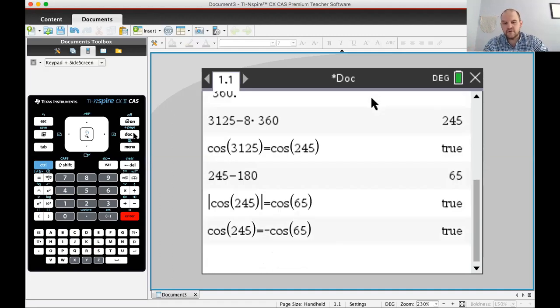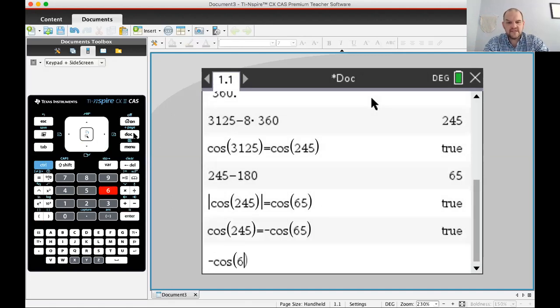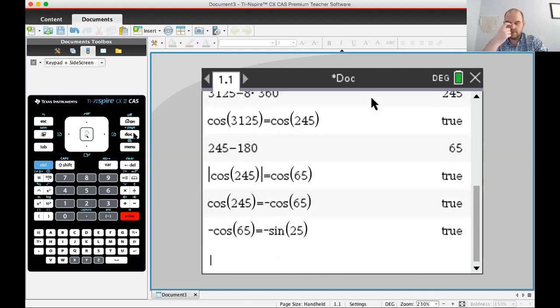Now we'll just cofunction our way over to sine. So negative cosine of 65 equals negative, because using the cofunction identity is never going to change if there's a positive or negative sign in front of the trig function. So let's say sine of 25. True. All right. So I'm going to jot that down. Negative sine of 25 and negative cosine of 65.